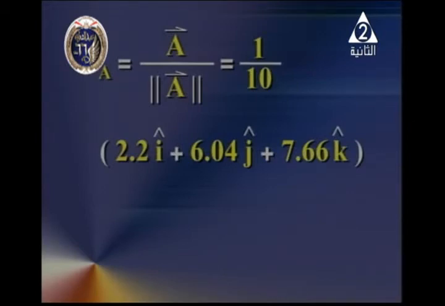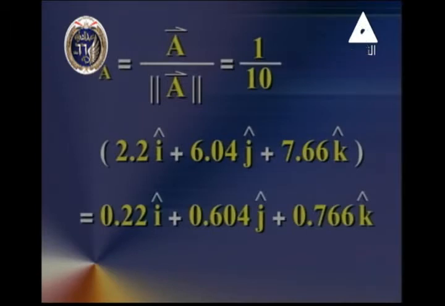Then multiply 1 over 10 times 2.2i plus 6.04j plus 7.66k. Answer is 0.22i plus 0.604j plus 0.766k.